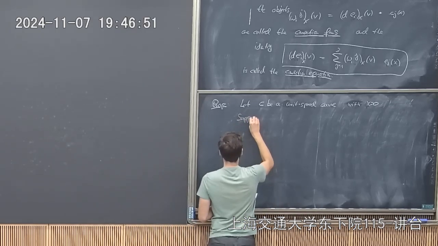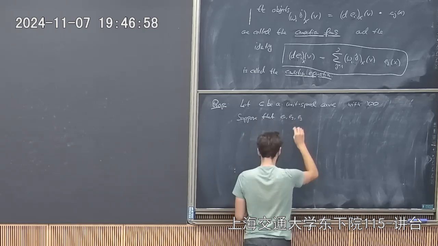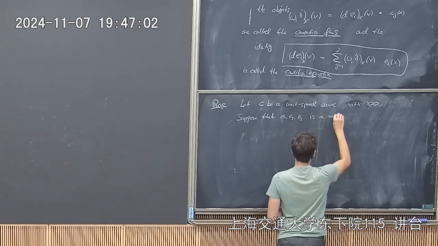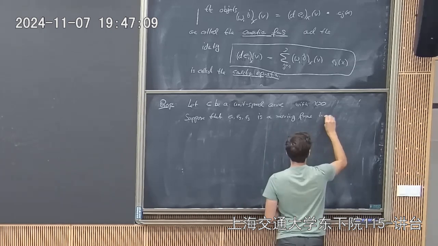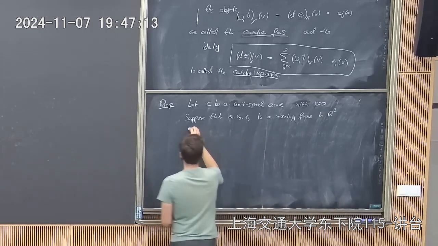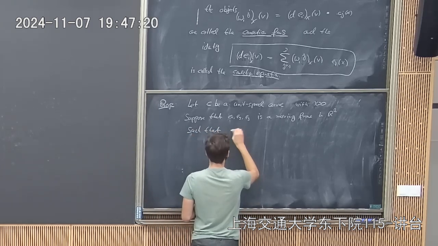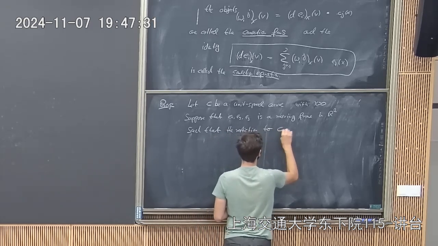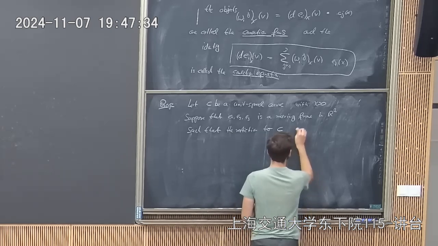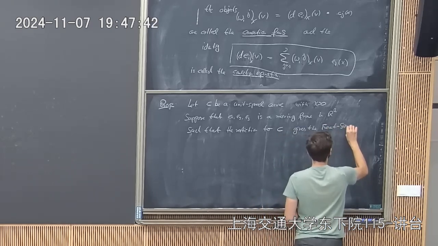And suppose that E1, E2, and E3 is a moving frame on R3 such that the restriction to the curve C gives the Frenet-Serret frame.